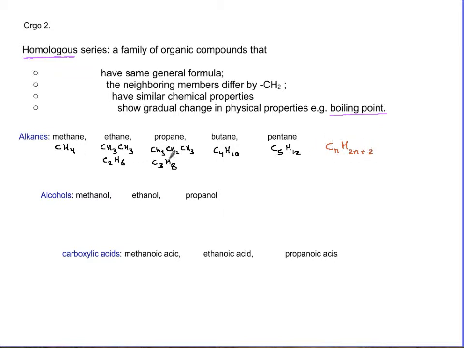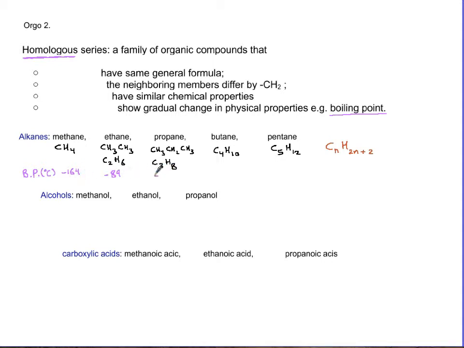Now they all go through combustion, so they have similar chemical properties. If I give you the boiling points for this group, CH4 is a gas. The boiling point for methane is minus 164 degrees Celsius, so it's already a gas at room temperature. Ethane is minus 89, so there is an increase, but it's still a gas.